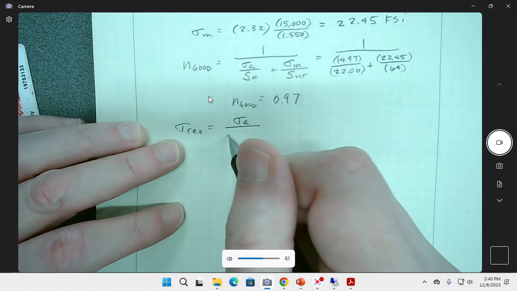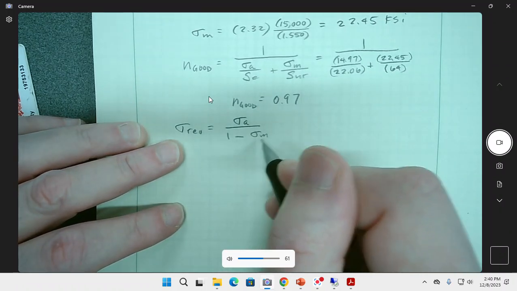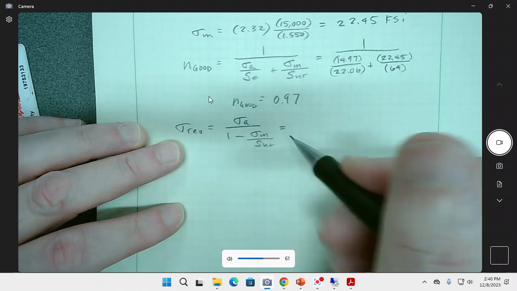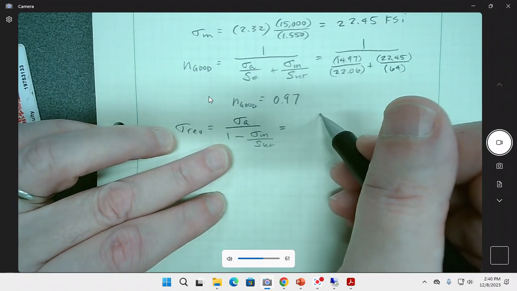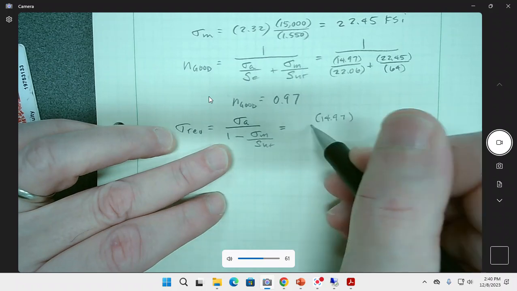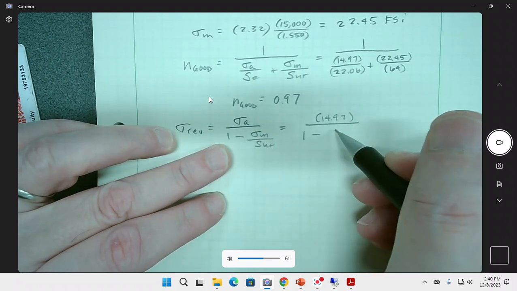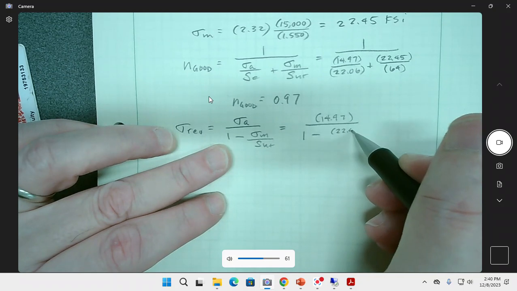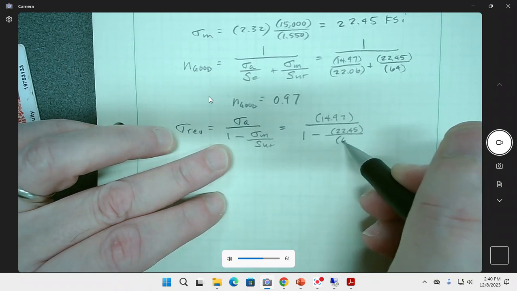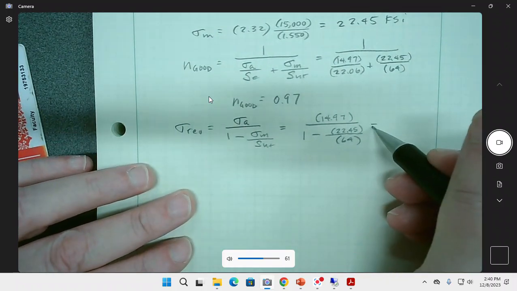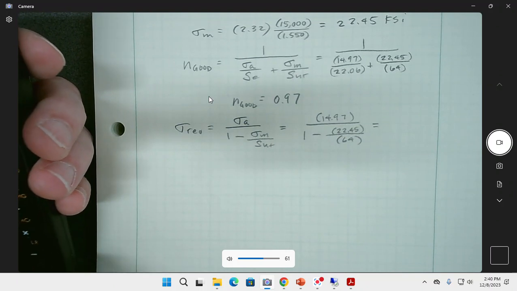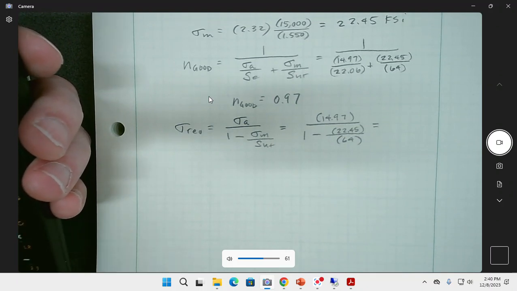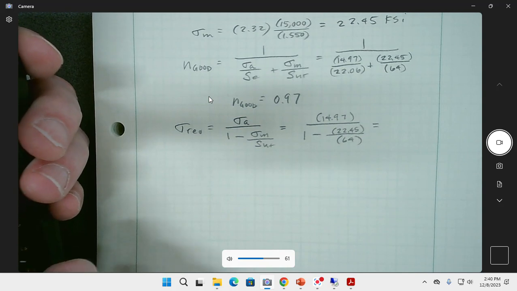It's the alternating divided by 1 minus the mid-range divided by the ultimate. And it's not going to be that much different, I don't think. Well, we'll see. That's going to be 14.97 divided by 1 minus the mid-range of 22.45 divided by 64. 22.45 over 64, 1 minus, change the sign, 14.95, and boom.